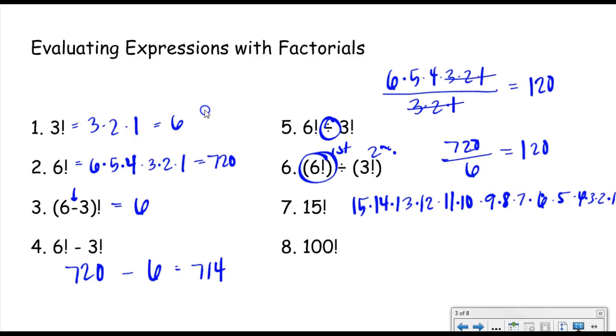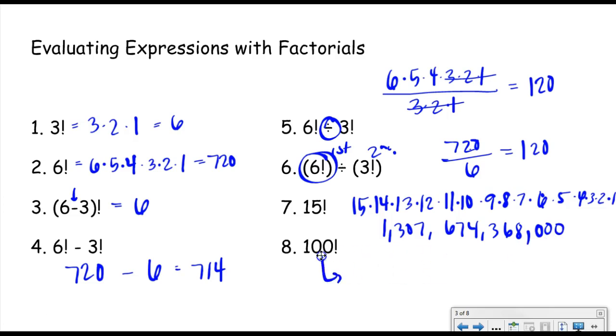So I'm going to type in 15, the exclamation mark. Okay, wait for it. It's a really big number. 1,307,674,368,000. So this is millions, billions, trillions, quadrillions. So 1 quadrillion, 307 trillion, 674 billion, 368 million, really big.